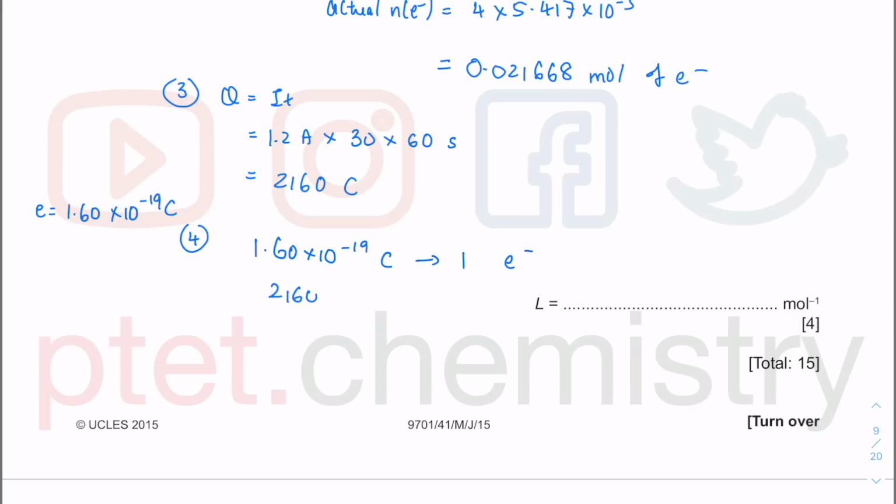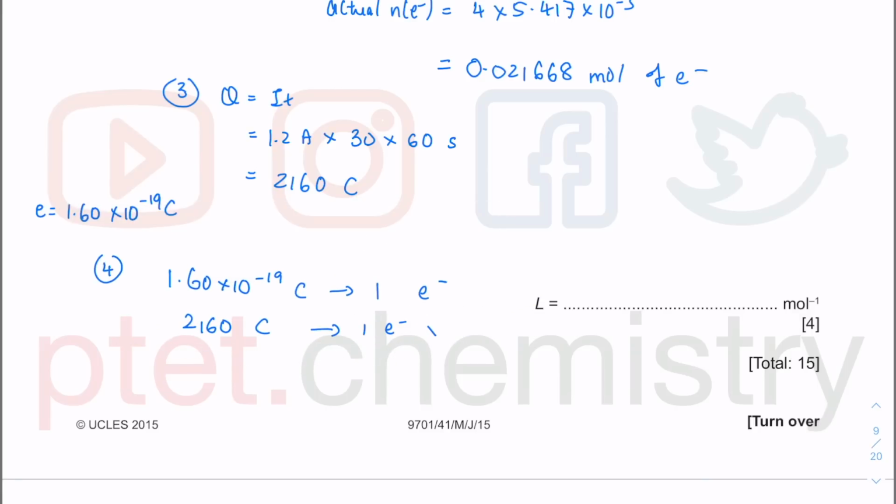So 2160 coulomb is for how many electrons? Yeah, that seems to be the right way around. For direct proportion, a greater charge means you must have a greater number of electrons. So 2160 divided by 1.6 times 10 to the minus 19. I get 1.35 times 10 to the 22 electrons.